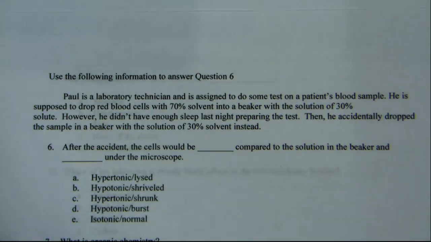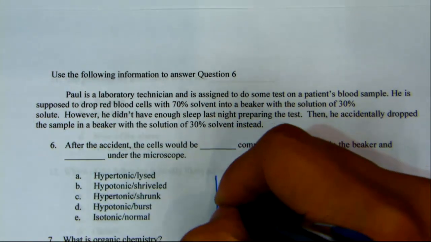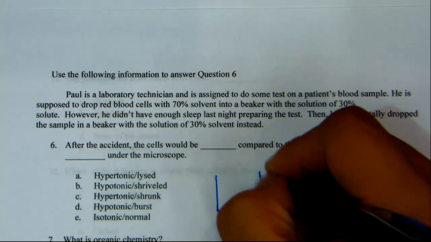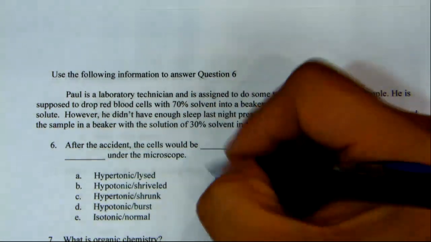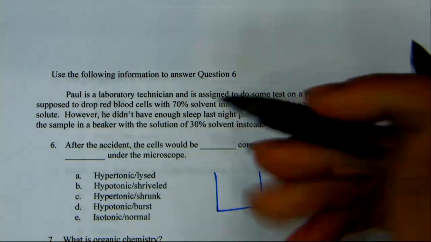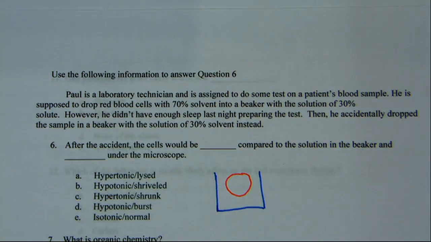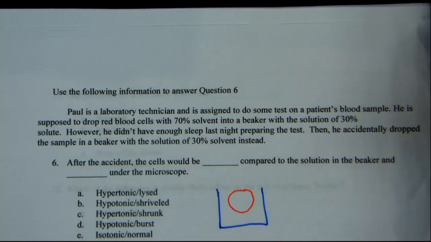Okay, so what we're going to do here, usually we need to draw, right? So we need to draw. You see, we have the beaker and we have the cell. So with the information given, what is the percentage of the solvent in the red blood cell?